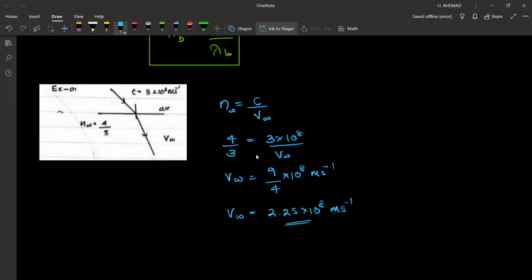If you got the same answer, you can use the raise hand and show. If you find it convenient to drop a message, do that, or if you find raise hand easy, use the raise hand.